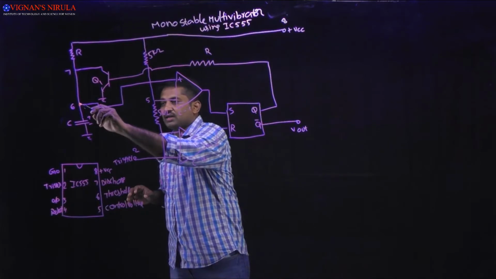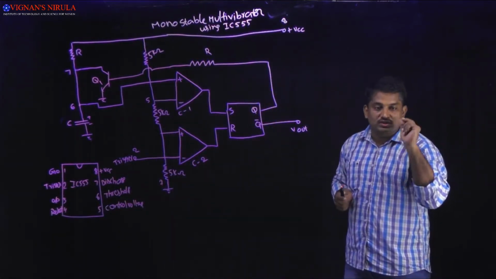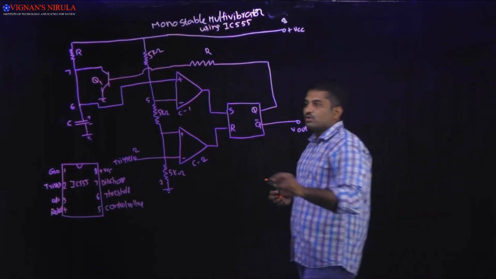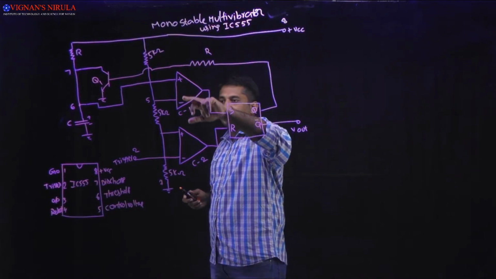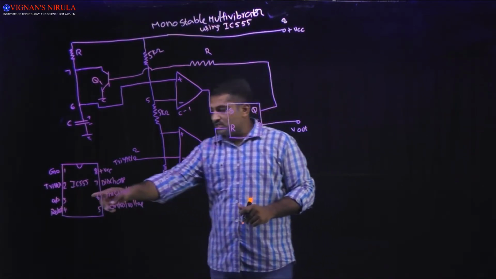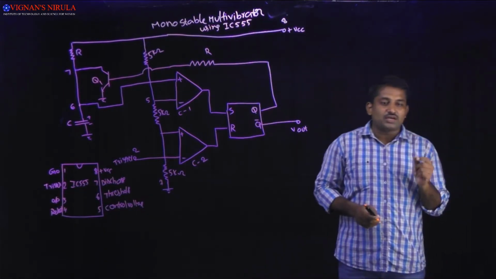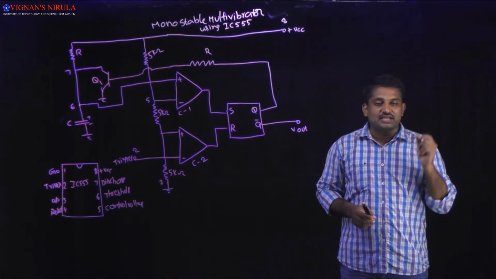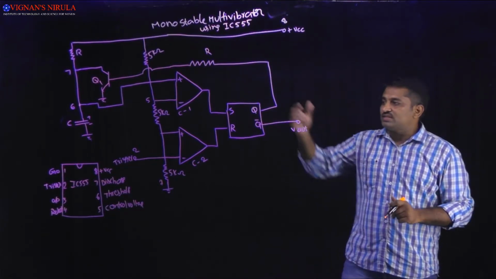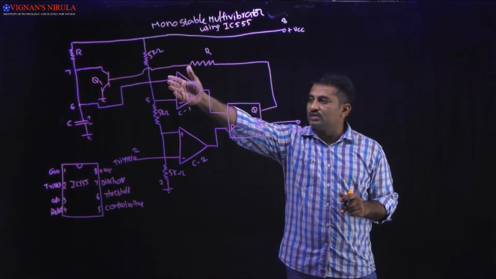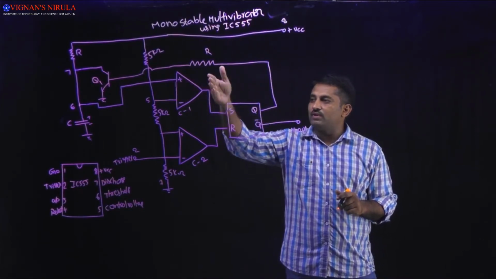Now we compare the threshold voltage with the control voltage, because the control voltage is internally set to 2/3 VCC, and once the capacitor voltage is greater than this, the flip-flop will be set.